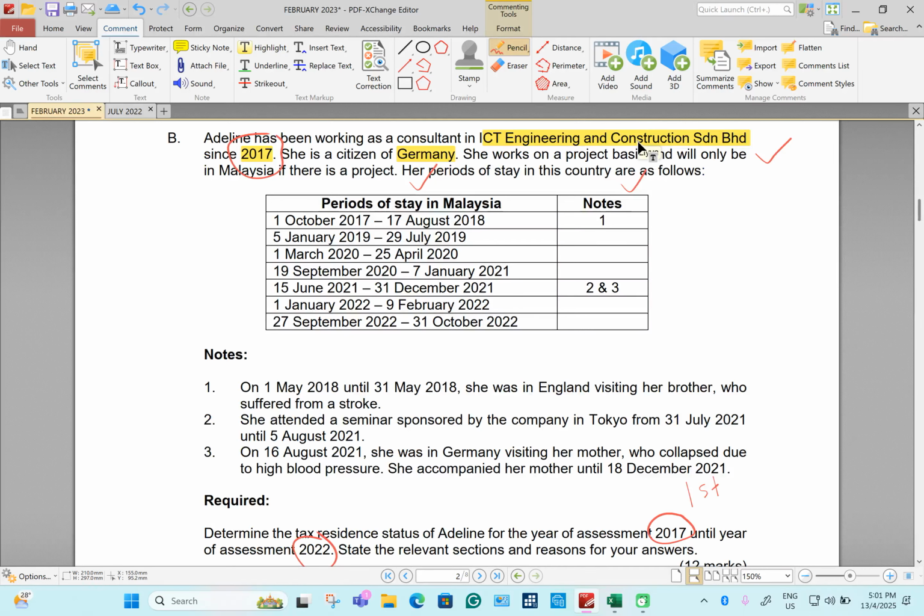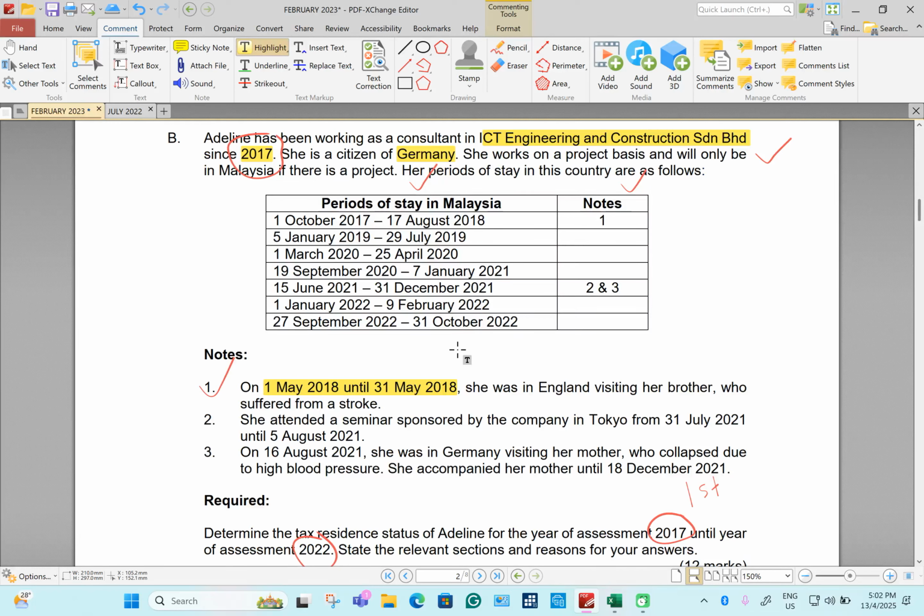Read carefully, everyone. Number one, on 1st May 2018 until 31st May 2018, she was in England. Remember, guys, England is not Malaysia, meaning to say from 1st May to 31st May, she was absent from Malaysia.